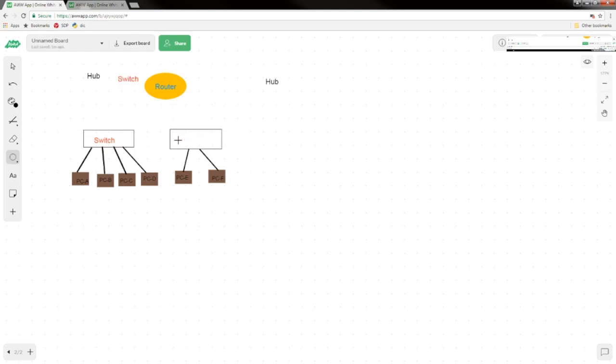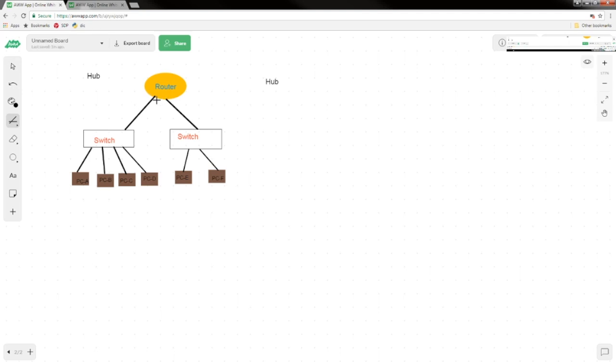Now let's connect these switches to a router. If we connect these two switches to a router, we know that these two networks or segments cannot be on the same network, right?